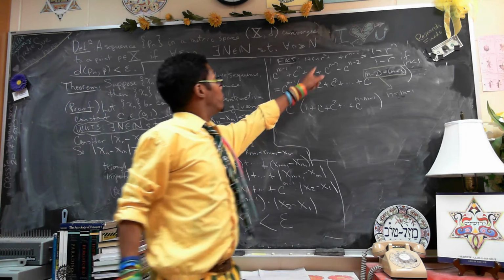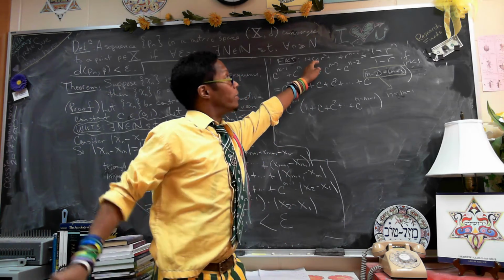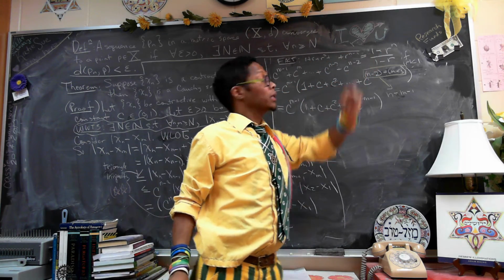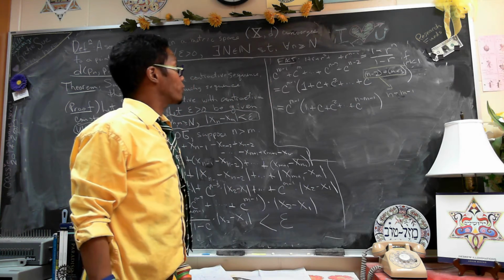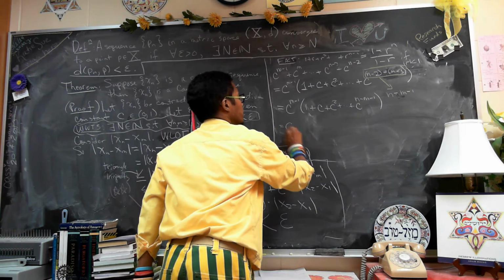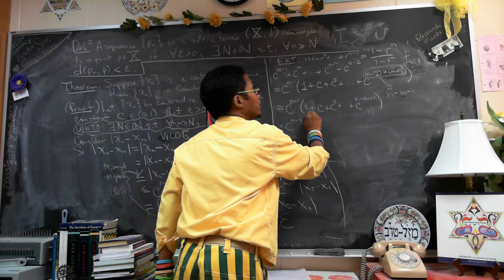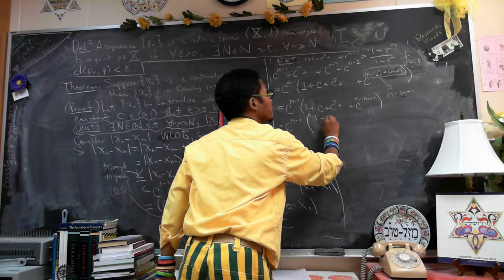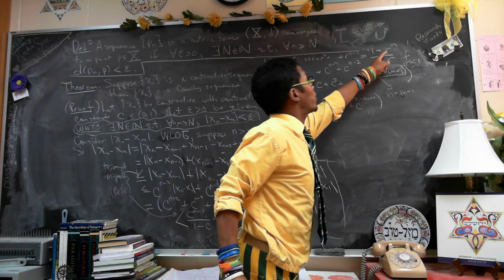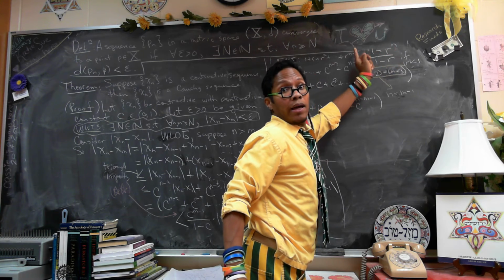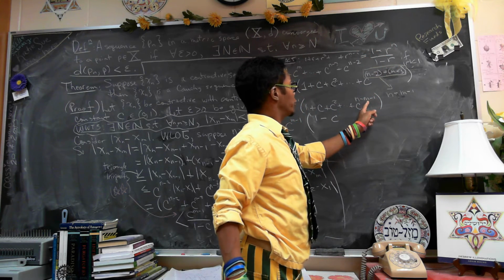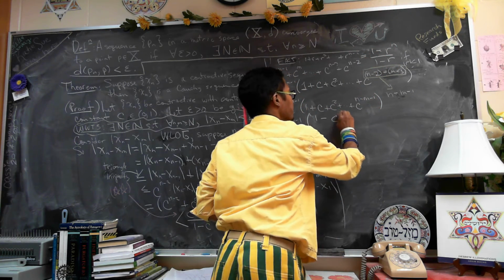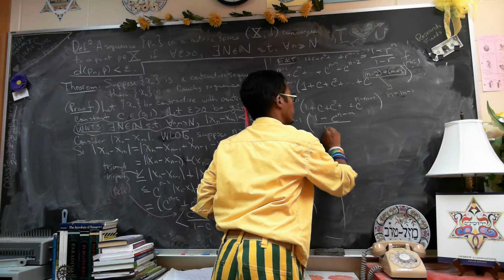Now, using the fact that a geometric series has this closed form, this is c to the m minus 1 times 1 minus c to the power that is 1 higher than the last term. So 1 higher than the last term would make this power n minus m, all over 1 minus c.